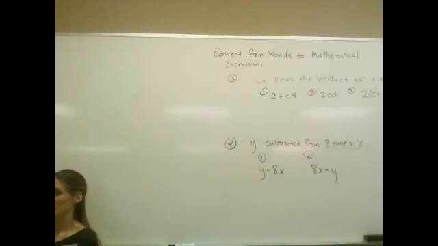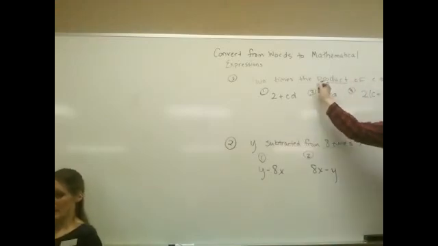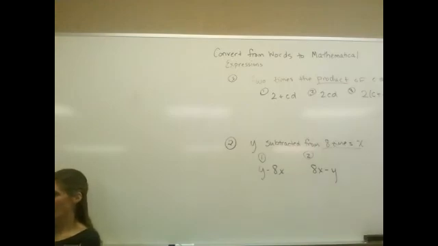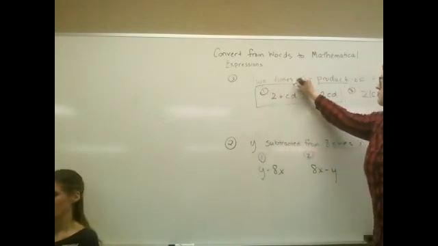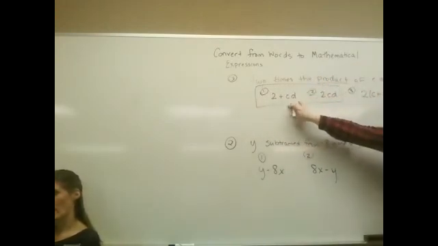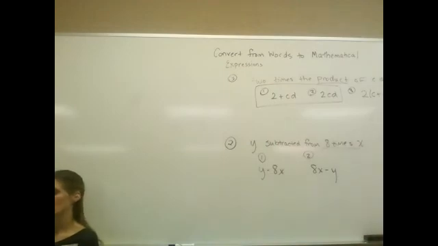All right, so the key to this problem is the word product. Product means what? Multiply, okay? The product is the result of multiplication. So when it says the product of C and D, we know that it automatically has to be either 1 or 2, because they're the only ones where C and D are multiplied.